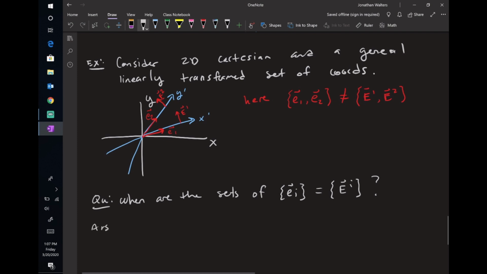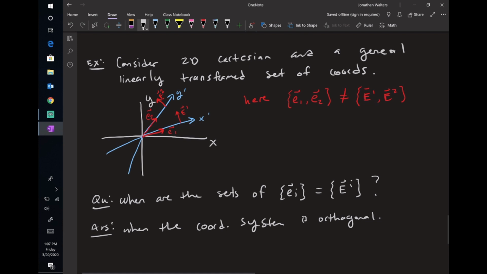And the answer is when the coordinate system is orthogonal. That means your basis vectors are orthogonal to each other, meaning perpendicular. Well, we can see here lowercase e1 and e2 are definitely not orthogonal. They're not at a right angle to each other. The same thing here, capital E1, capital E2 are not at a right angle to each other.